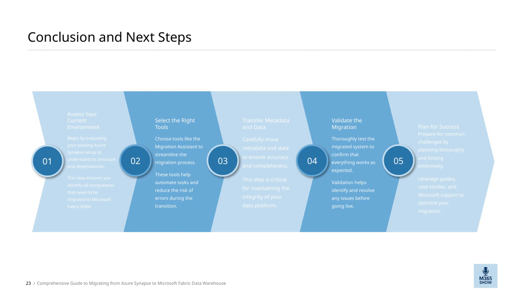This step helps catch any issues early so you can resolve them before going live, avoiding surprises in production. Finally, prepare for potential challenges by planning extensively and testing thoroughly. Use available resources like guides, case studies, and Microsoft support to optimize your migration process. Planning ahead and leveraging support channels will set you up for success and ensure a seamless transition to Microsoft Fabric Data Warehouse.